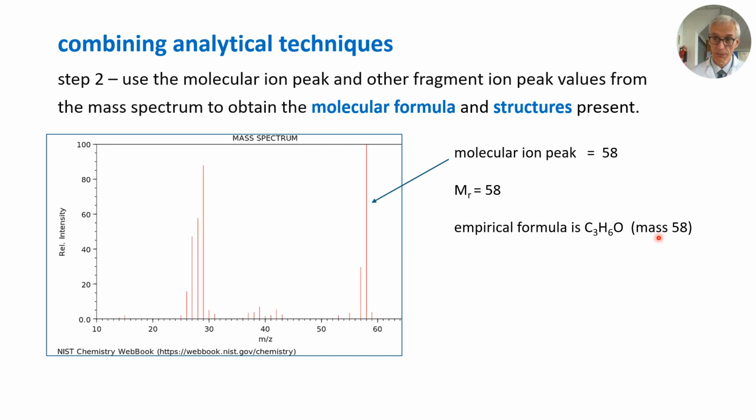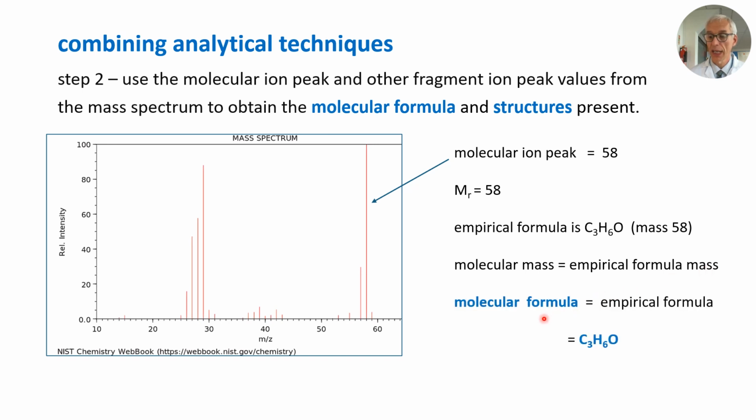So I've chosen a simple example. In this case, the relative molecular mass is the same as the relative empirical formula mass, and therefore the molecular formula is the same as the empirical formula, C3H6O. However, we can say more about this molecule because we've got a peak at 29, which corresponds to C2H5+, a fragment of 2 carbons and 5 hydrogens, or a fragment of CHO+.